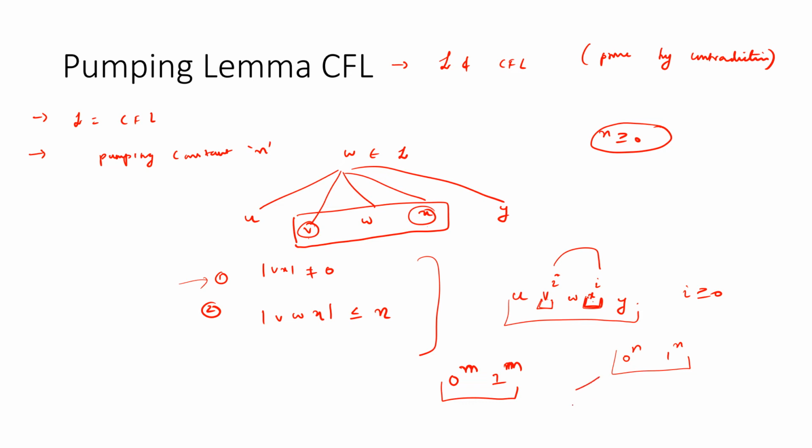How do I partition? u is 0^(n/2), the first n/2 zeros. v is the second n/2 zeros. w will be epsilon, x will be 1^(n/2), and y will be 1^(n/2). With this partition scheme, if you pump v and x equally, you can verify that the resultant string is always part of the language. That is the notion of this pumping lemma.